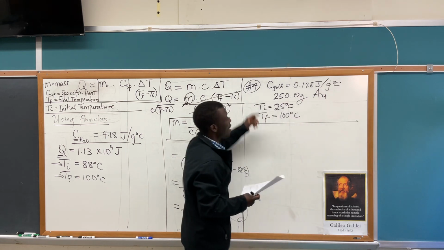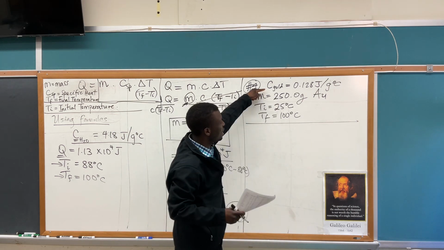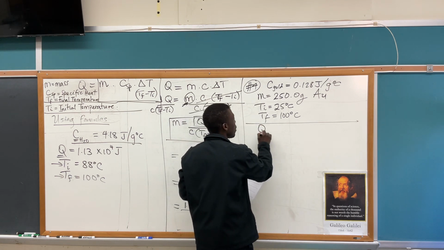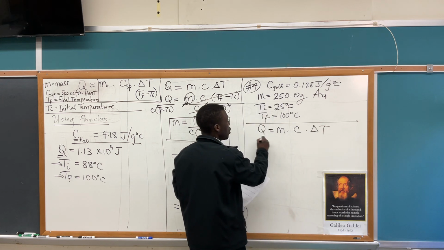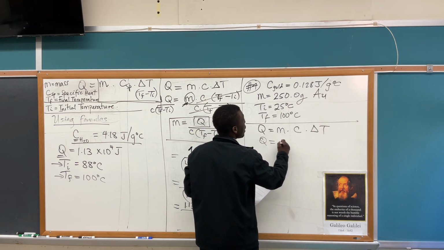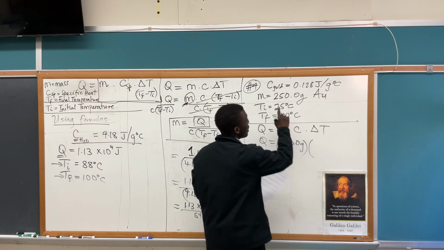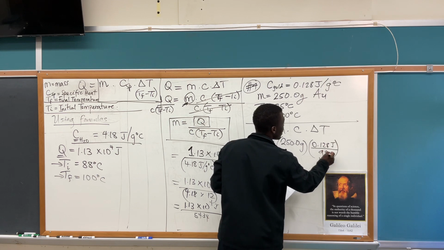So we write down the values that we've been given. We have the mass, we have C, we have T initial and T final, and we plug it into our formula. M times C times delta T, which is Q is equal to 250.0 grams times C, which is 0.128 joules per gram degrees Celsius.